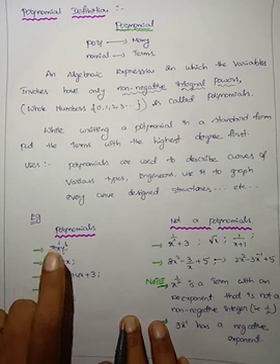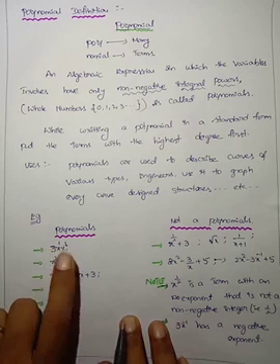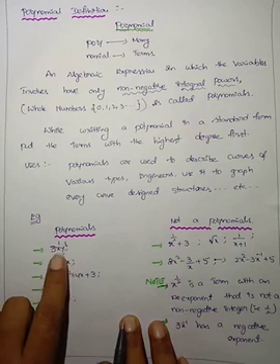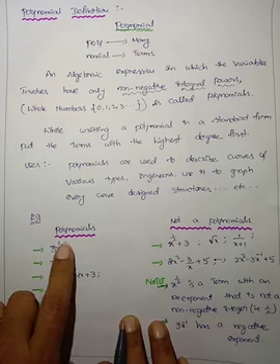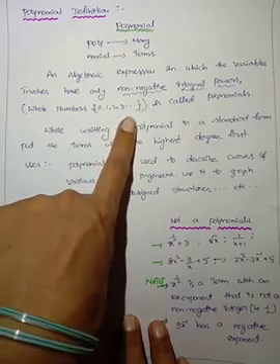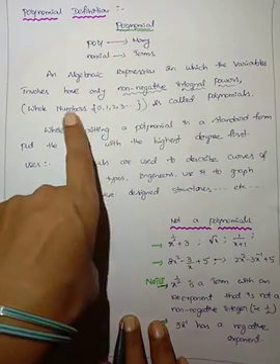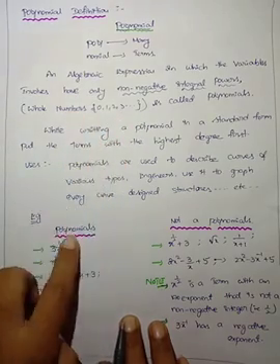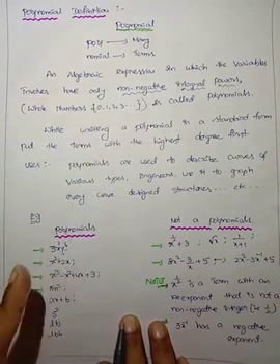Polynomial means when we take an algebraic expression in which the variables have non-negative integral powers, meaning whole numbers, 0, 1, 2, 3 and so on, that algebraic expression is called a polynomial.